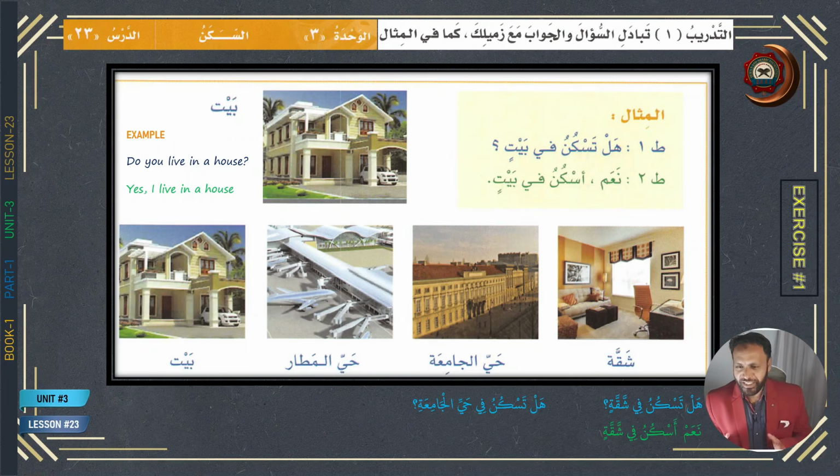What you are saying is, he is asking, do you live in the university area? And you are saying, no, I don't live in the university area. That's your own sentence, but that's fine. You can say that also. I think your sentence is technically correct. You are just saying no, I don't live in that area. La askunu fi hayyil jamia.